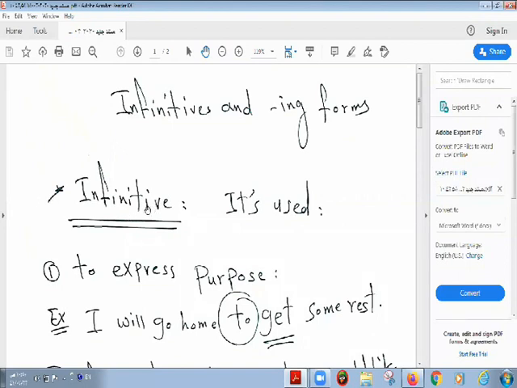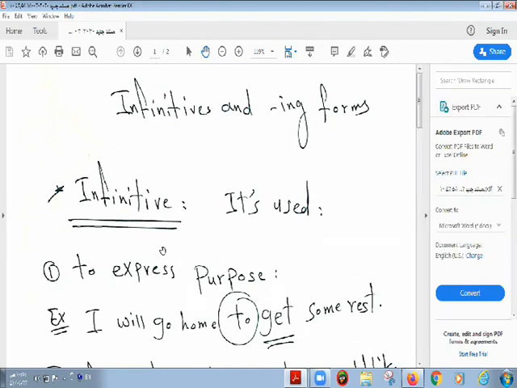Infinitive means the verb in the first form, the verb in the base form, the verb without any additions. Additions like what? Like s, like ed, like ing.